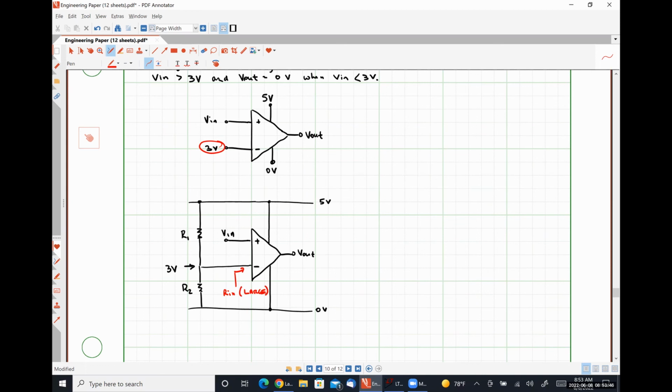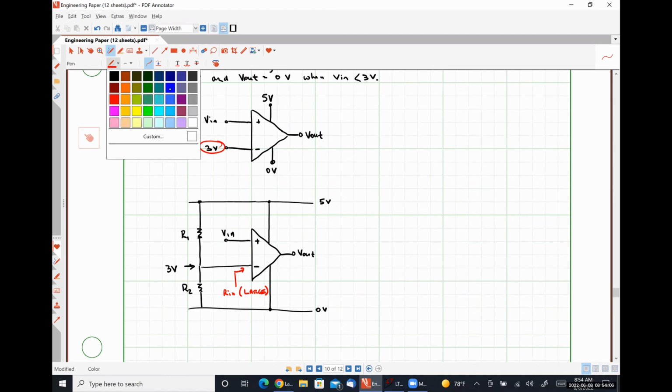So what that means is that I should choose a resistance R1 and a resistance R2 that is much smaller than the input resistance of the op amp. If I do that, practically none of the current that's flowing, right?